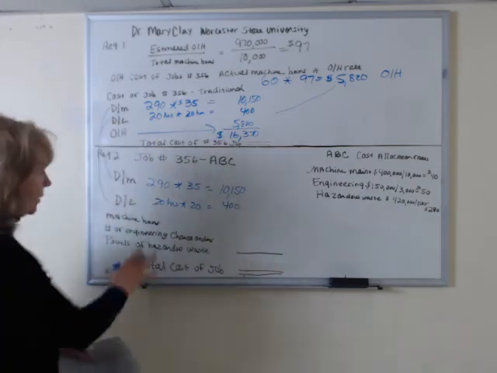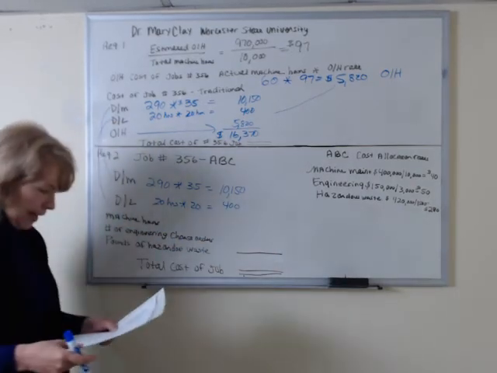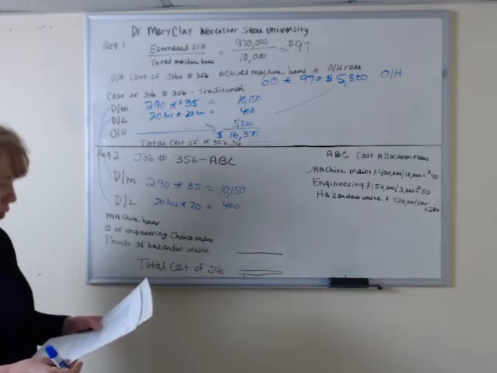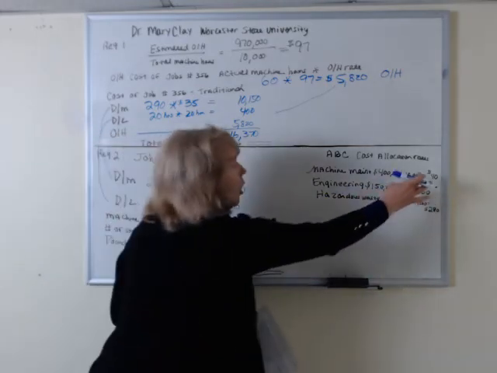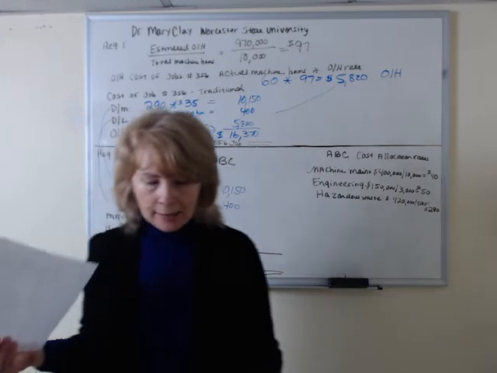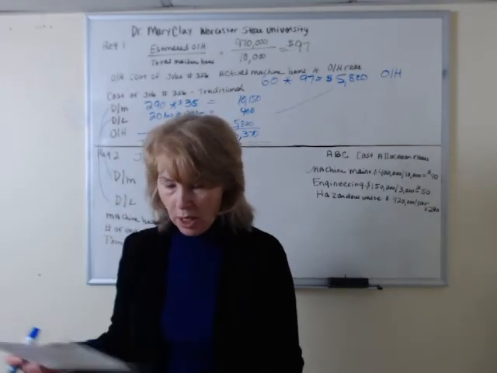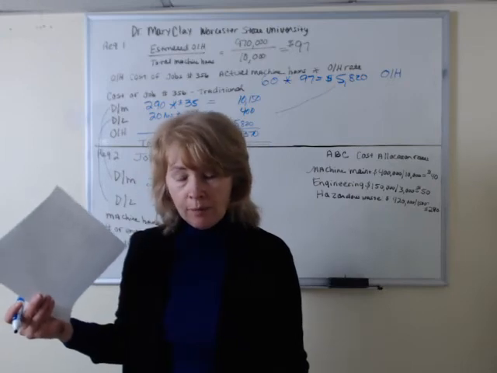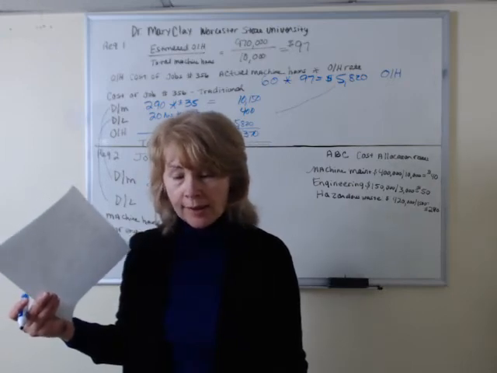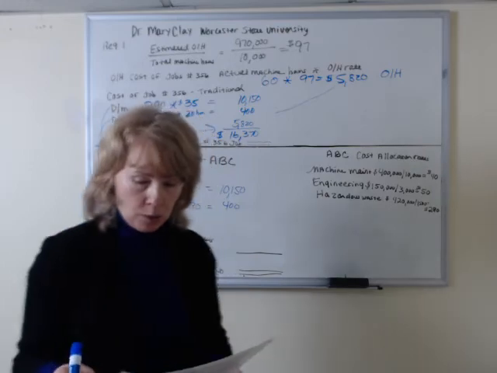All right, now this is where you're going to break it out. So machine hours, we figured $40. But let's go back to the problem. Machine hours, the actual, remember, that's the particular part of the problem where it says started and completed. That's your actual.